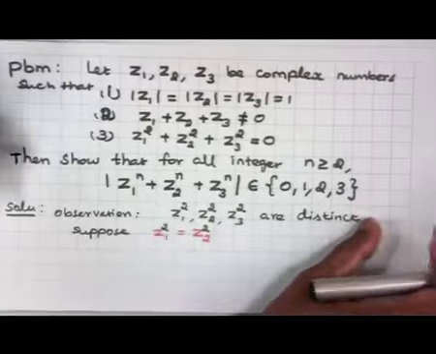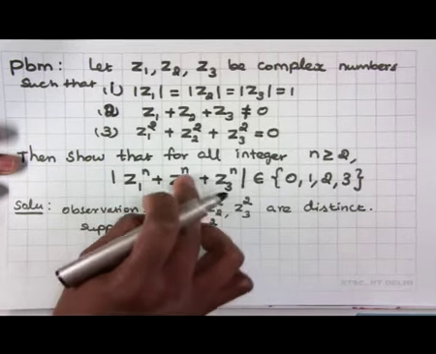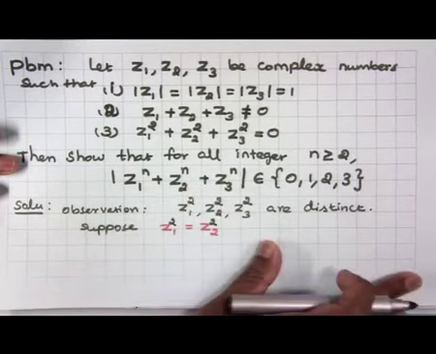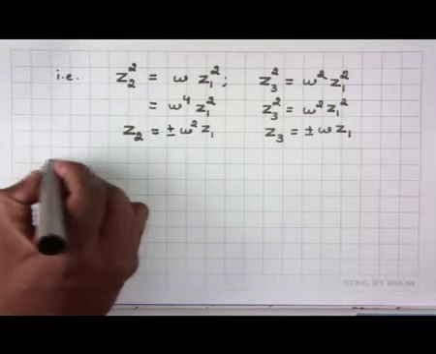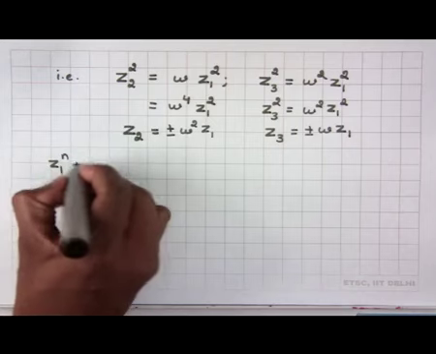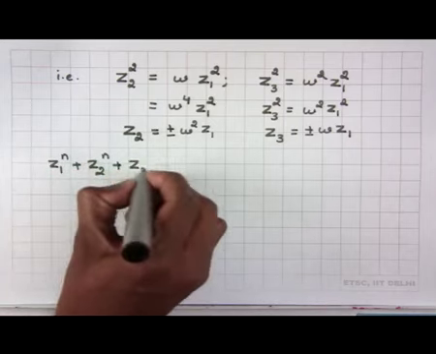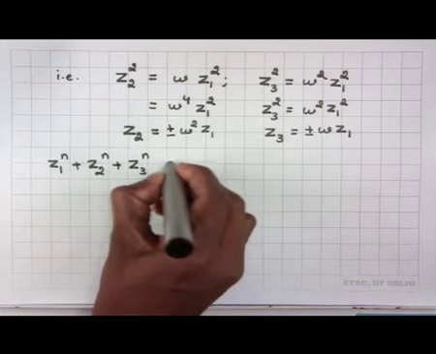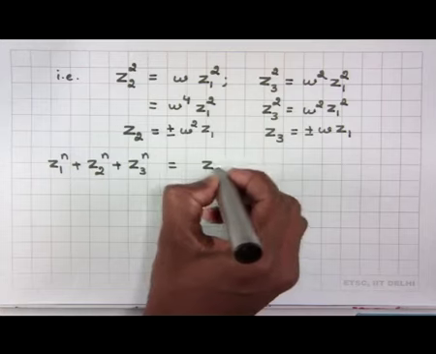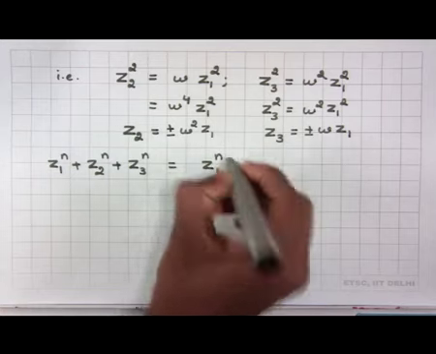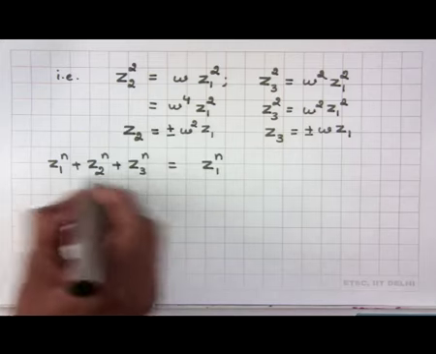Now, recall what we would like to calculate: the value of Z1 power n plus Z2 power n plus Z3 power n. Here Z1 power n can be commonly taken out.